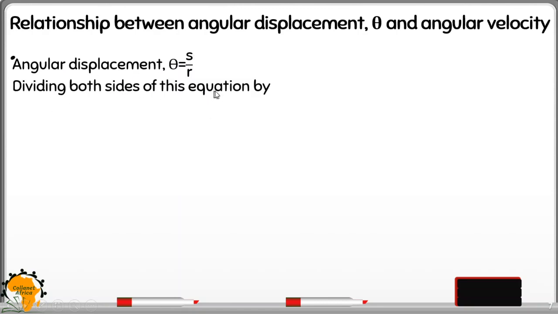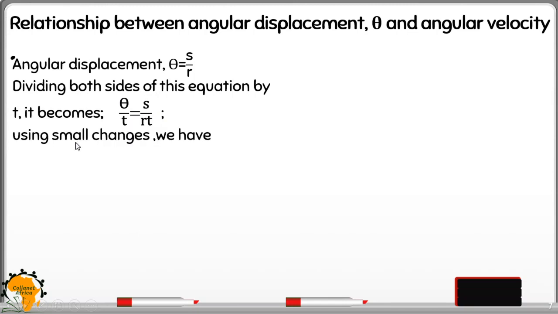So if we divide this equation by t on both sides, we have that theta over t is equal to S over R over t. If we take small changes of those quantities, we shall have that change in theta over change in t is equal to change in S over R change in t.